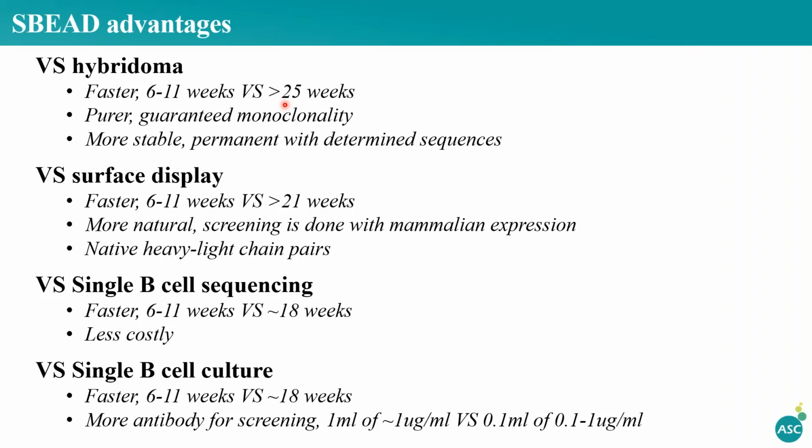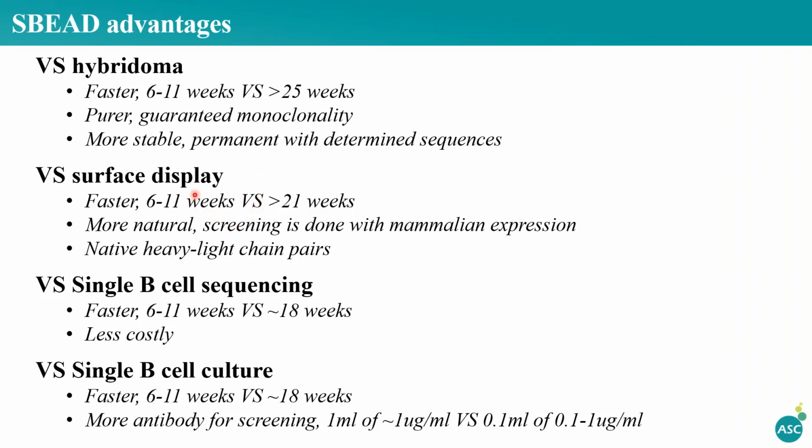Since the antibodies were developed from sorted single cells, the monoclonality is guaranteed. And with the determined sequence, you can produce recombinant antibodies unlimitedly in your own lab. You don't have to worry about the stability of the cell lines.